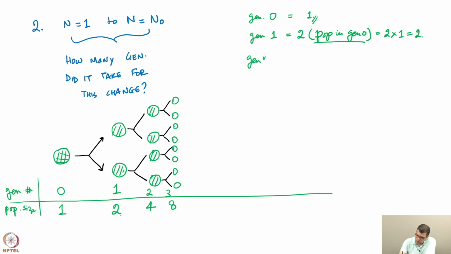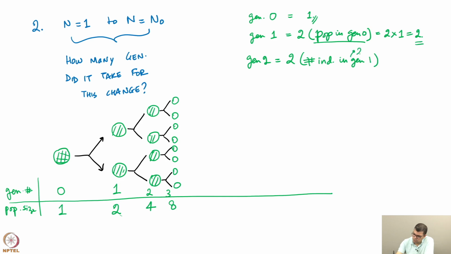At generation 2, our size of the population will be 2 times the number of individuals in generation 1, and in generation 1 the number of individuals was 2.